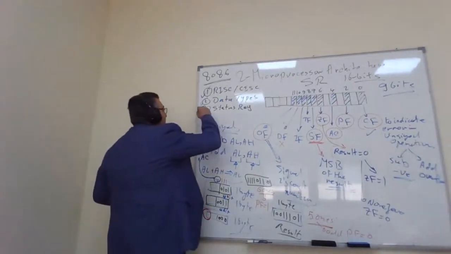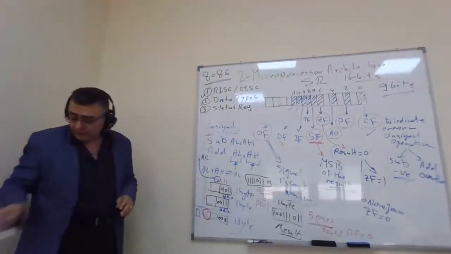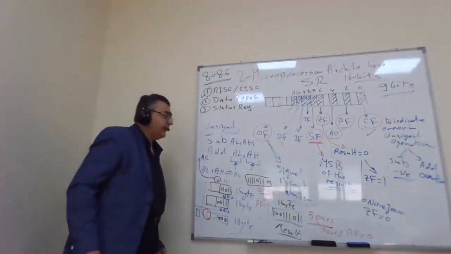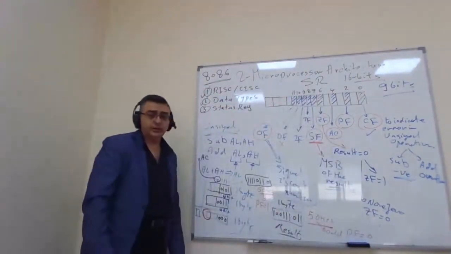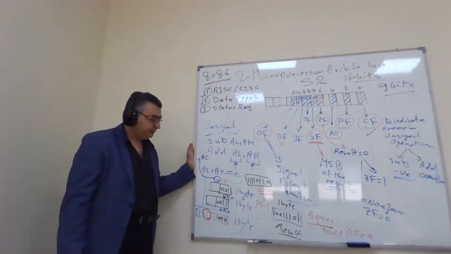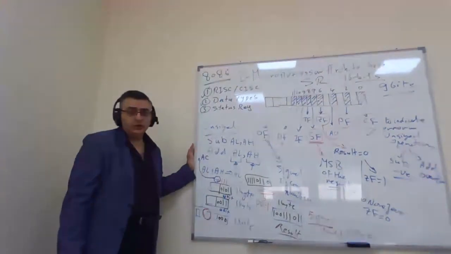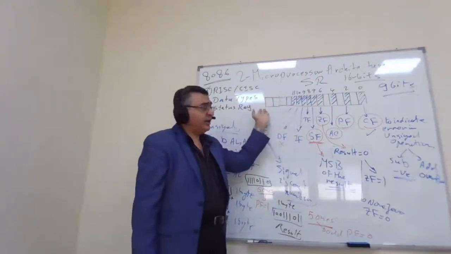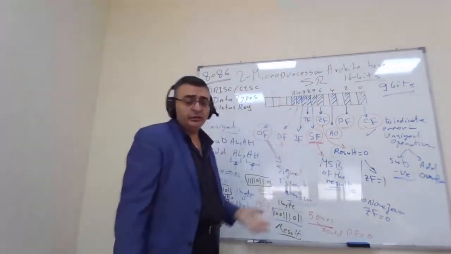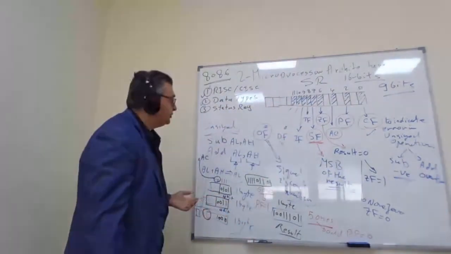Any questions? And this is the status register. Right now, we have finished chapter number 2. This is the end of chapter 2. Agree? So all you have to know is the bits of the flags of the status register, and the usage of each of them.